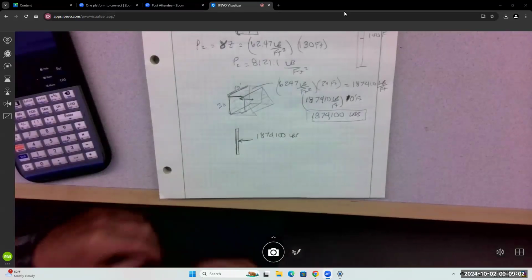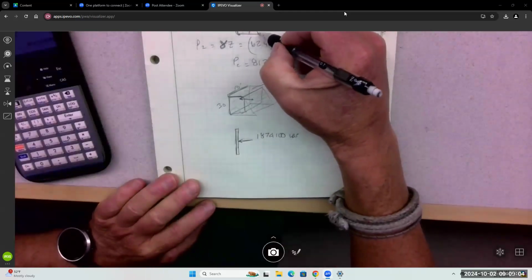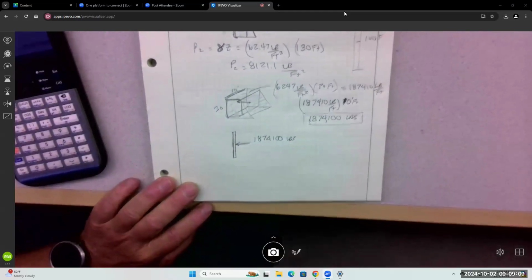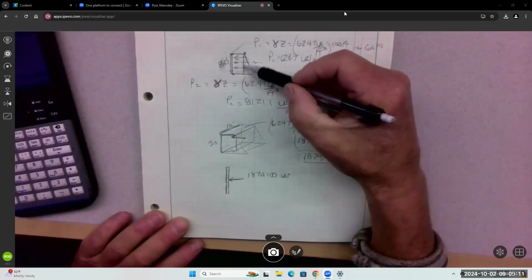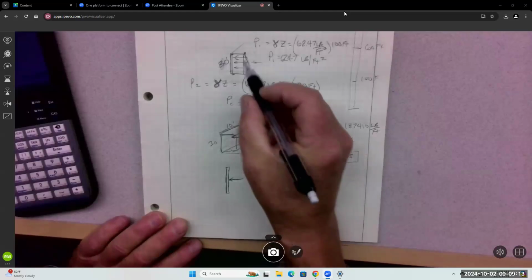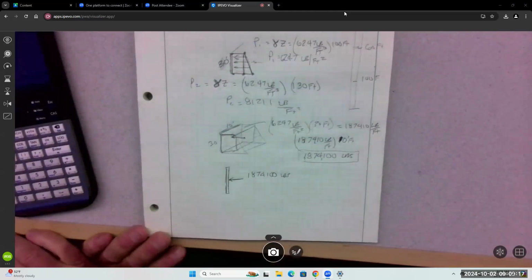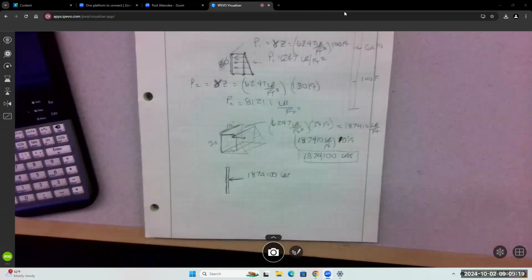We do it the same way, right? We have to find this area. So we have to know the pressure from here to here. And then we're going to multiply it by its length of 10 feet. And that'll give us the hydrostatic force of the triangle. Then we have to position it in the right spot.